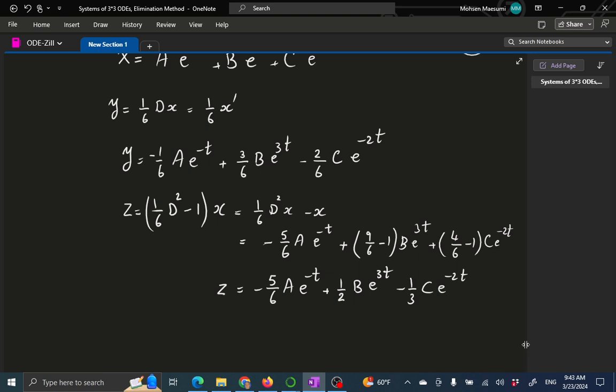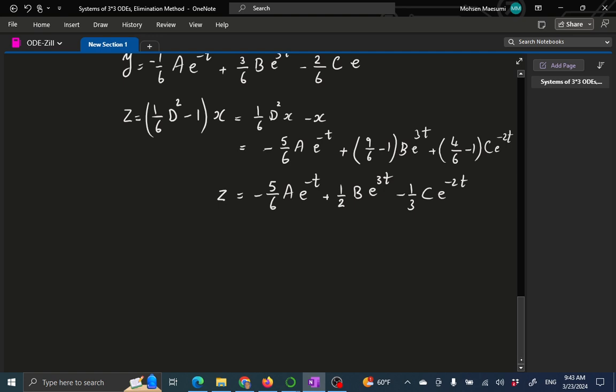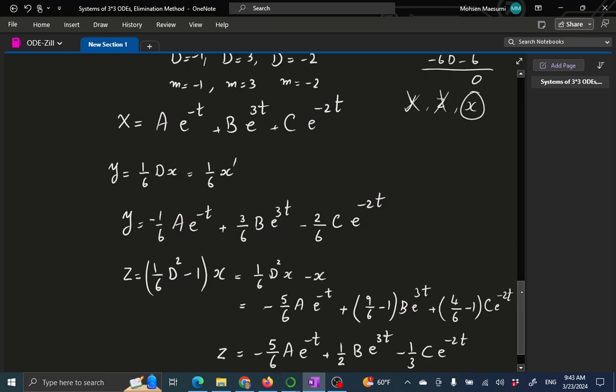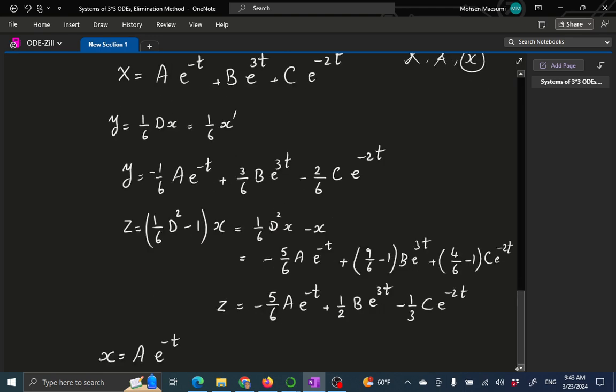If you want to see all of my solutions at the same time, I had x is equal to, what was it, a exponential of minus t. Is that right? This is my x: b exponential of 3t, and c exponential of minus 2t.